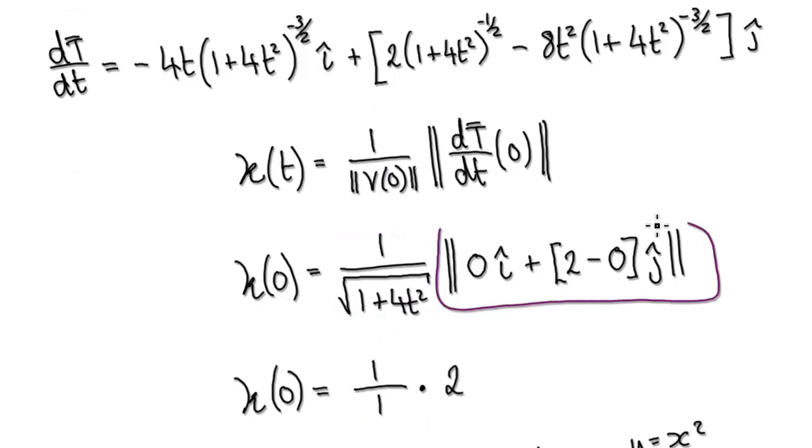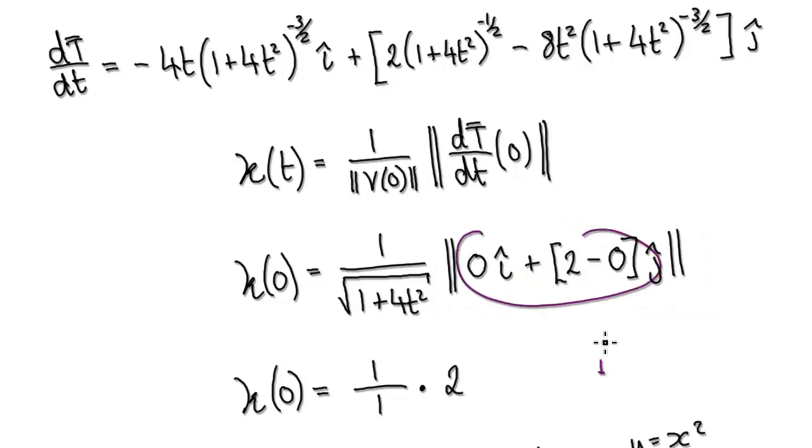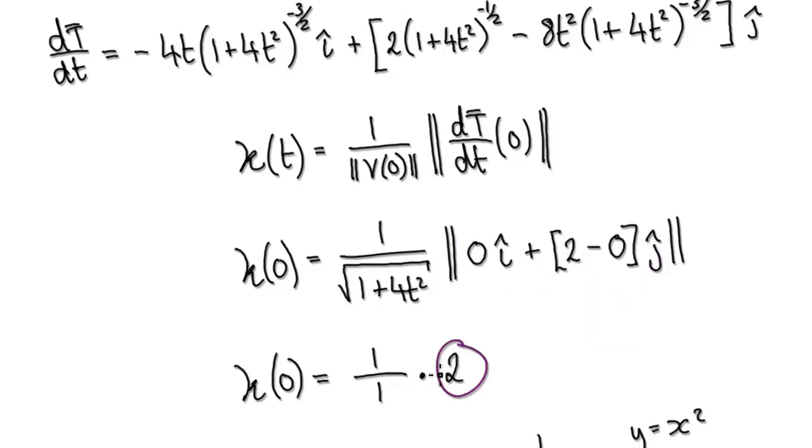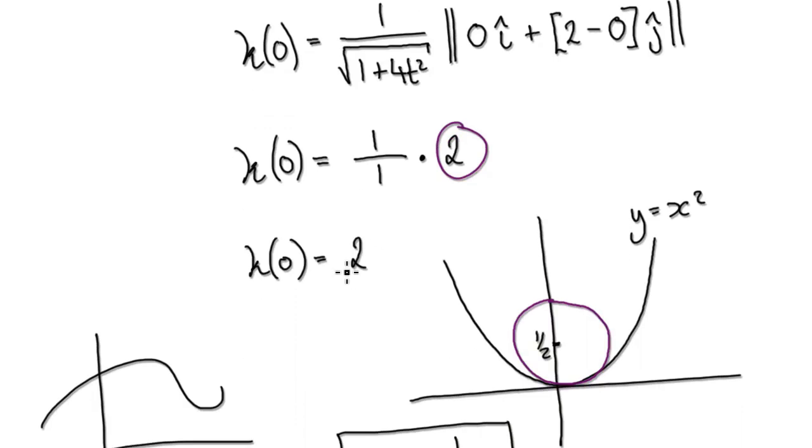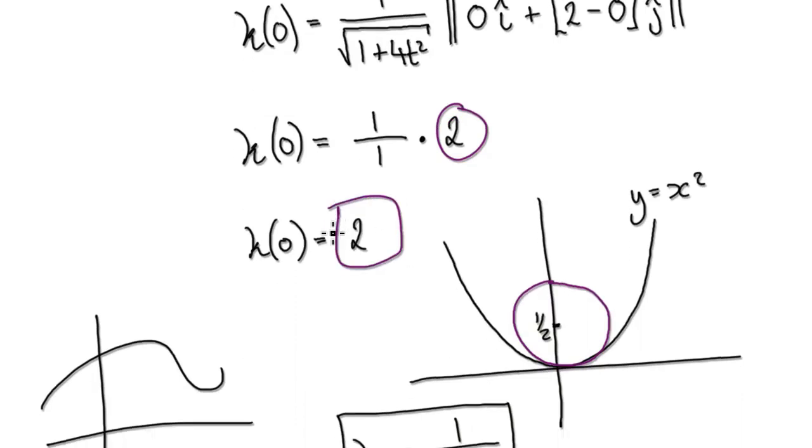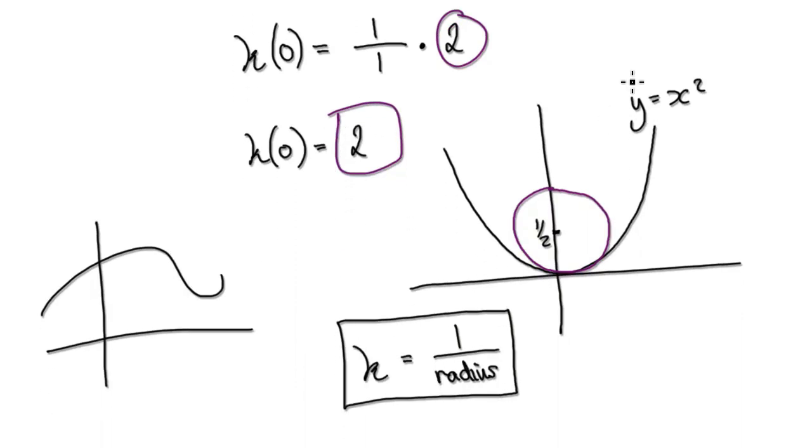This whole thing here, the magnitude will be, well, there is no i direction. So this thing here is like 0 across, 2 up. So the magnitude will be 2. The magnitude of this thing here will be 2. So the curvature is 2. So looking at your y equals x squared, the curvature at the origin is 2.